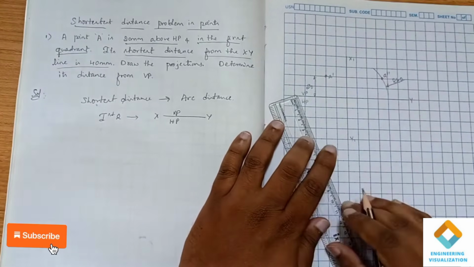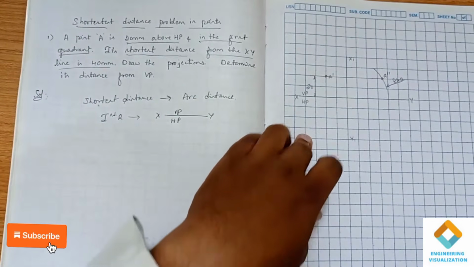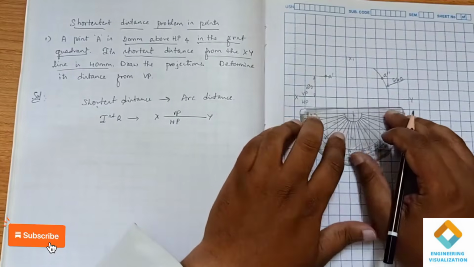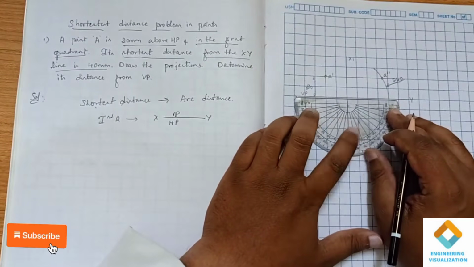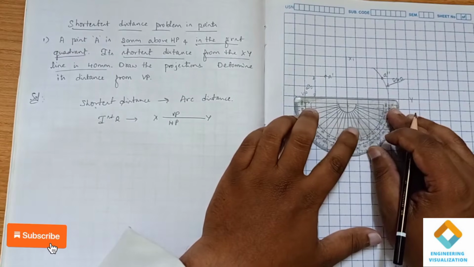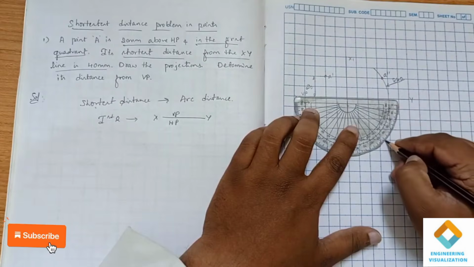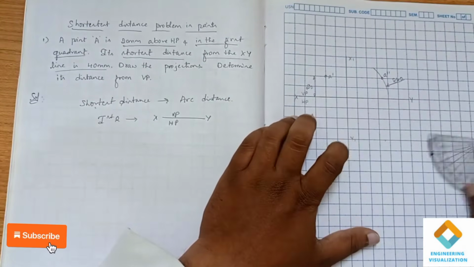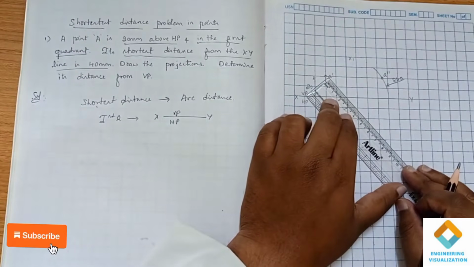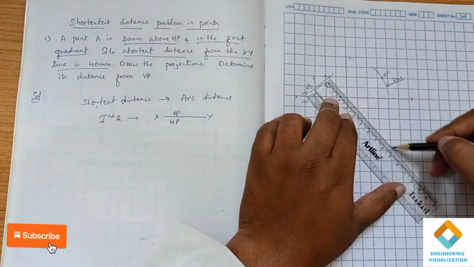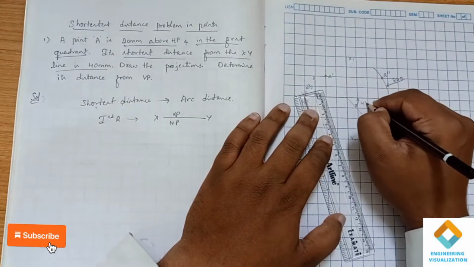Okay, now we have to draw the top view. For that, in this case we will be drawing a 45-degree angle line. Okay, all the three views you have to draw. So we will be drawing the 45-degree angle line and we can mark a point here. Okay, so this is our 45-degree angle line.